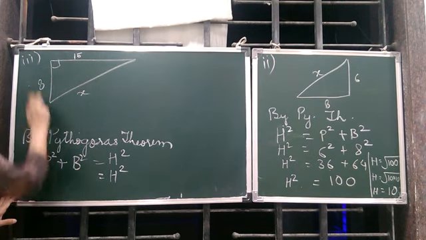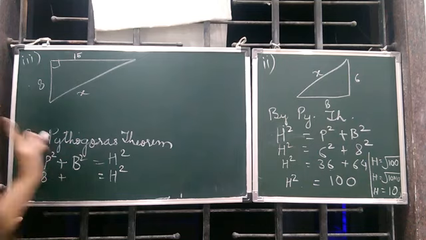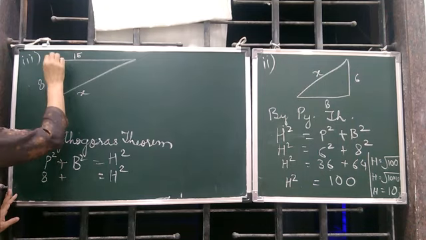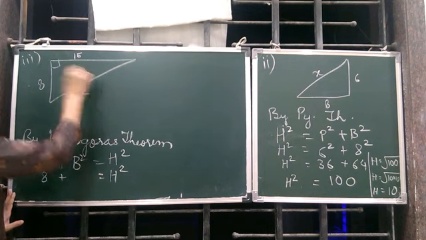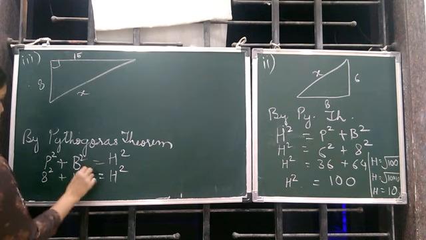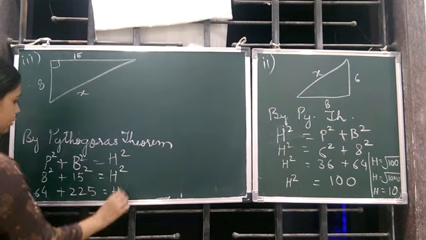What is the perpendicular? 8. Obviously this will be the base. Never get confused. Who will be the hypotenuse? Always remember, the side opposite the right angle will always be the hypotenuse. So 8 square is 64, 15 square is 225. This will be h square.